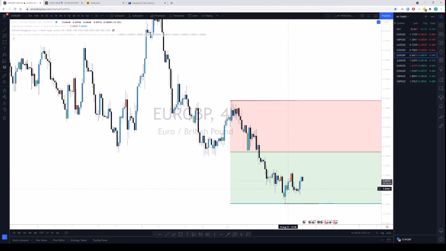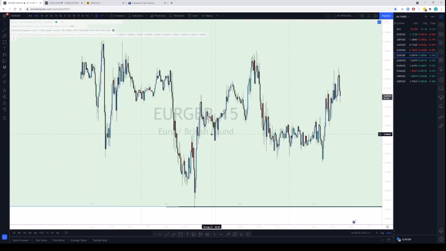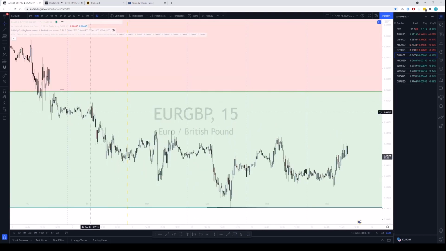Because in the lower time frame, when you drop down like I did here, this is my strong low, that's my strong high up there, and everything else in between is what? Liquidity.